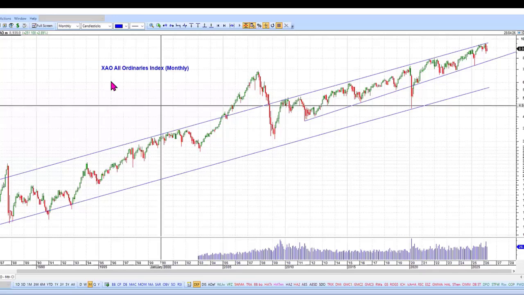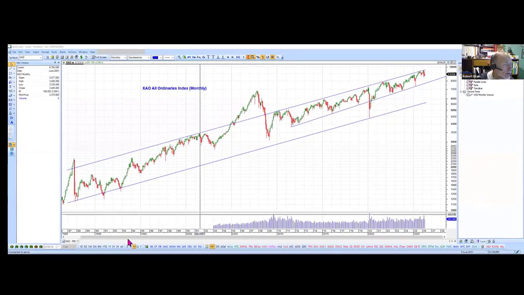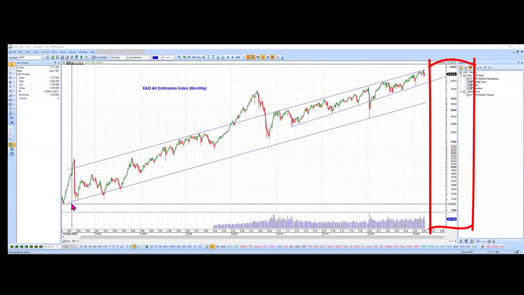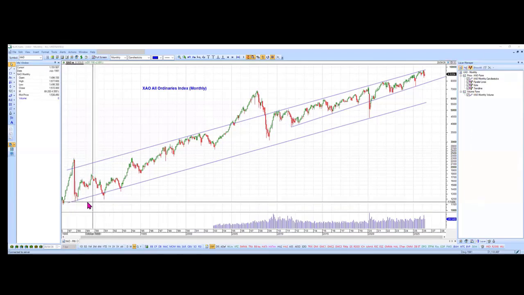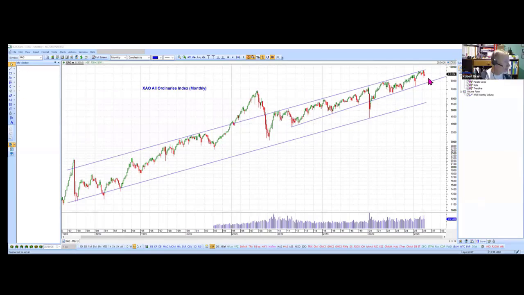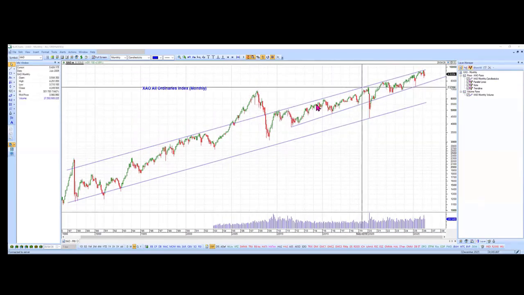That's the XAO on a monthly chart, right? Yes, and as you can see, you're using a log scale on the price axis. Definitely. I've just gone back to 1986. But as you can see, it's not so untidy.